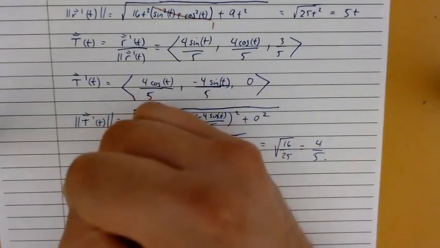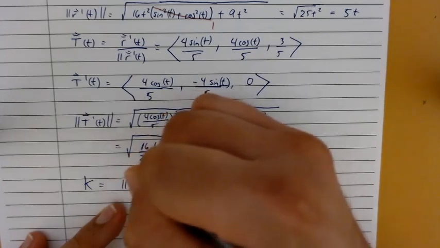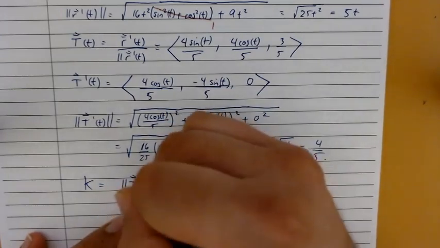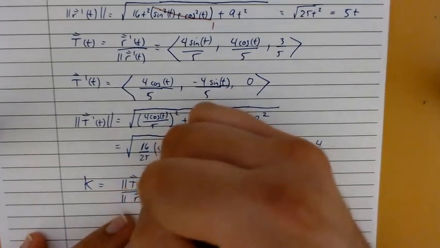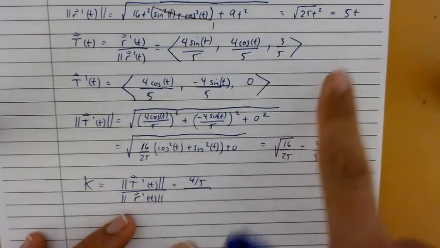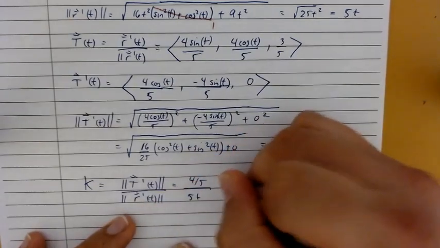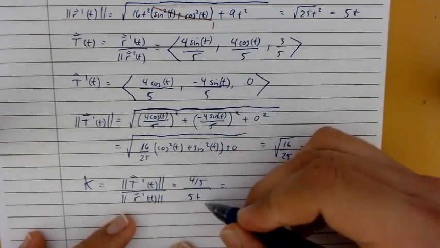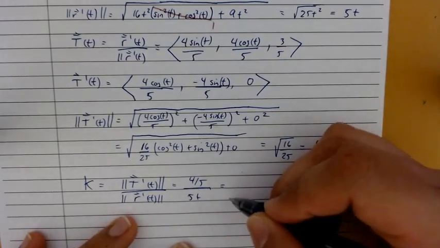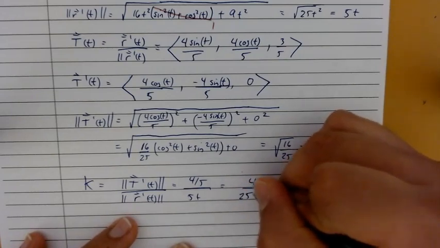So then from our theorem, we get that kappa is equal to the magnitude of T prime of t divided by the magnitude of r prime of t, which is 4/5 over 5t. In other words, 4/5 divided by 5t, that's 4/5 times 1 over 5t, that'll give us 4 over 25t.